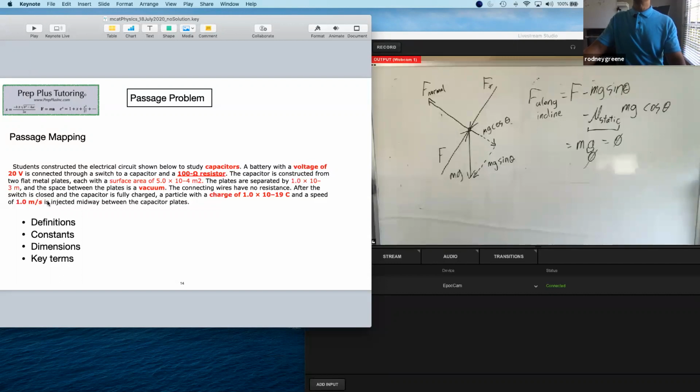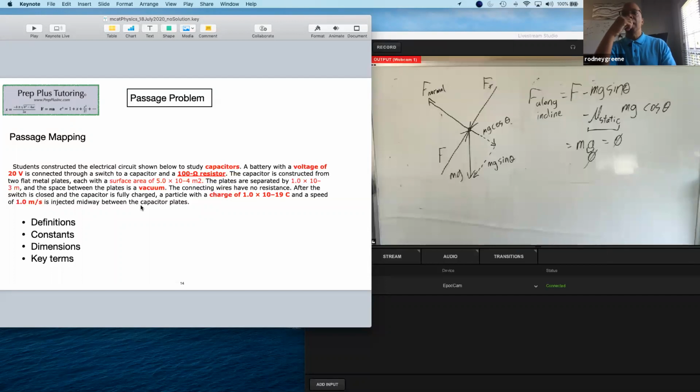So when you map the passage, practice this so that you get very comfortable with it. You can quickly go through and highlight definitions, constants, dimensions, and key terms so that it helps you stay focused on what the important things are in this question.